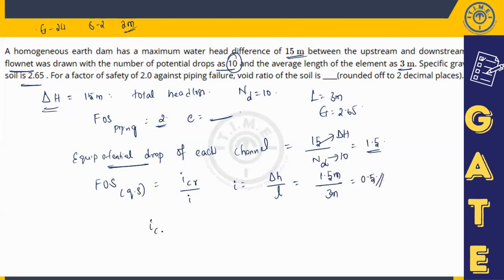And i critical is the critical hydraulic gradient. So this is a question involving hydraulic gradient, seepage, as well as flow net. Critical hydraulic gradient is given by the formula G minus 1 upon 1 plus e.